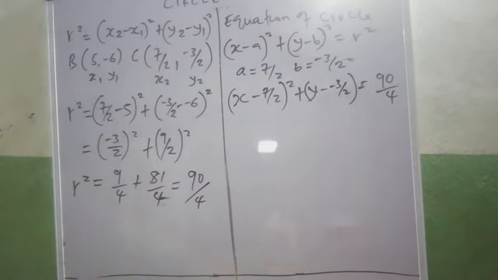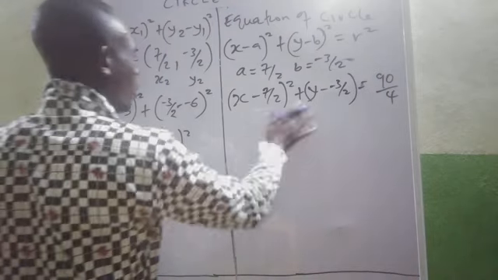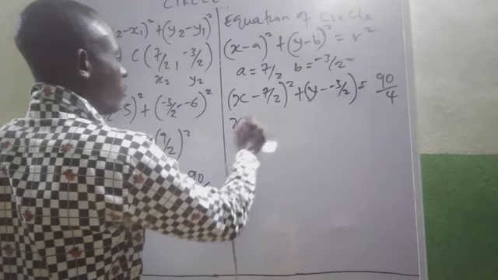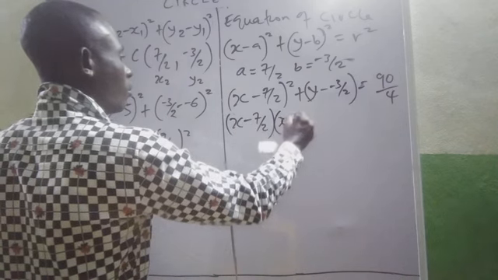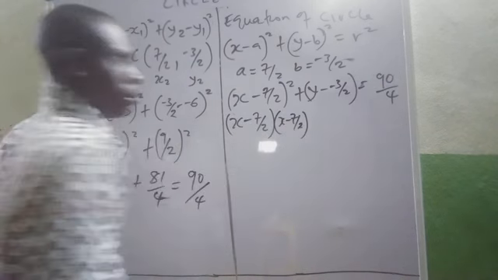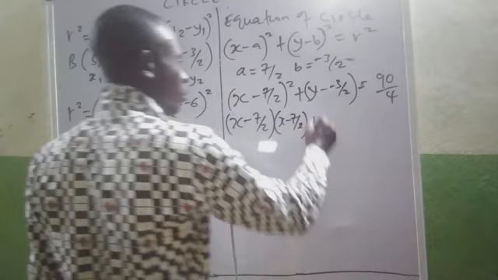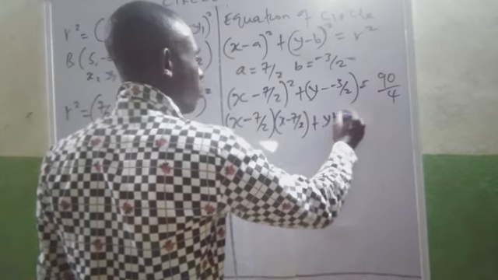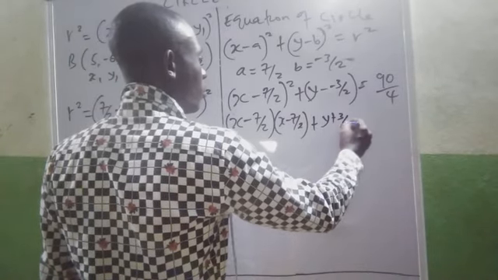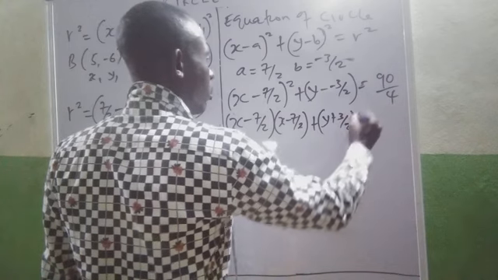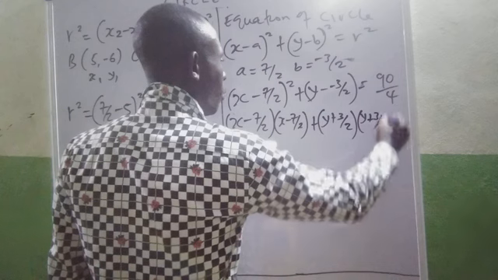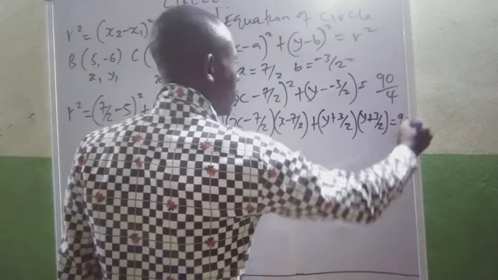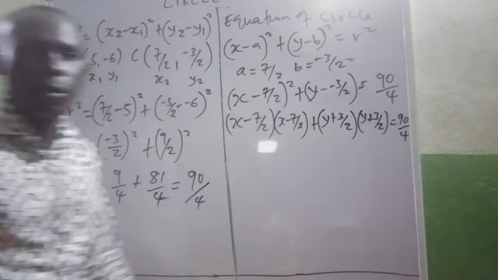So if we expand this, this will give us x minus 7 over 2 bracket, x minus 7 over 2, plus y plus 3 over 2 bracket, y plus 3 over 2, is equal to 90 over 4.